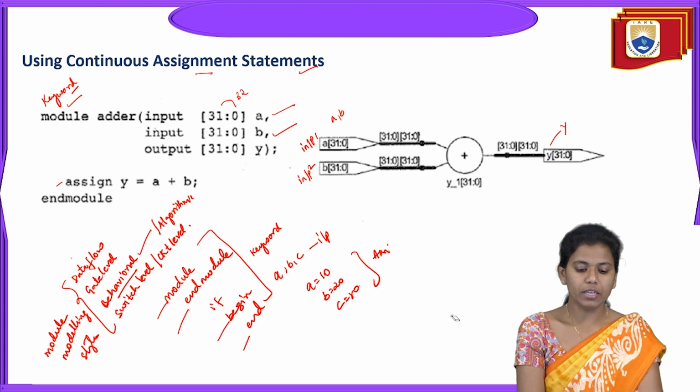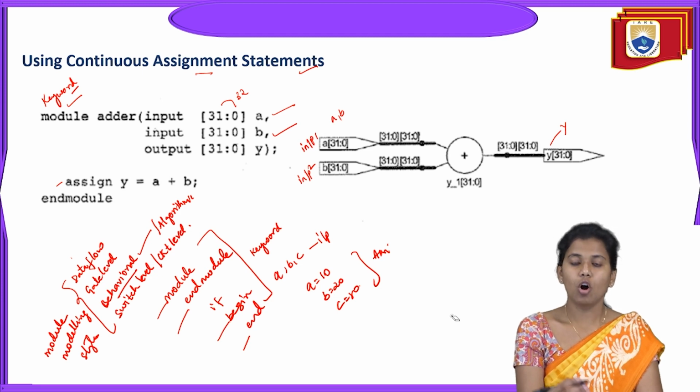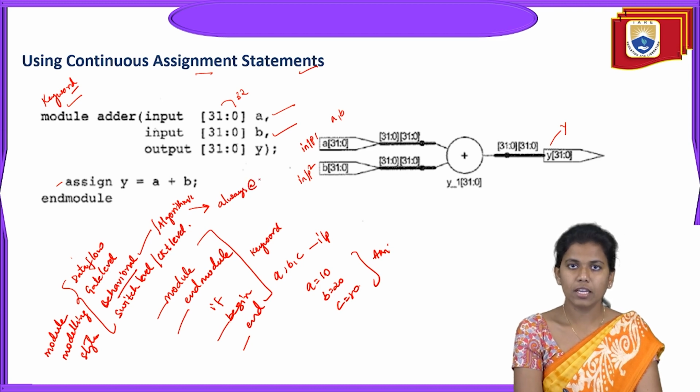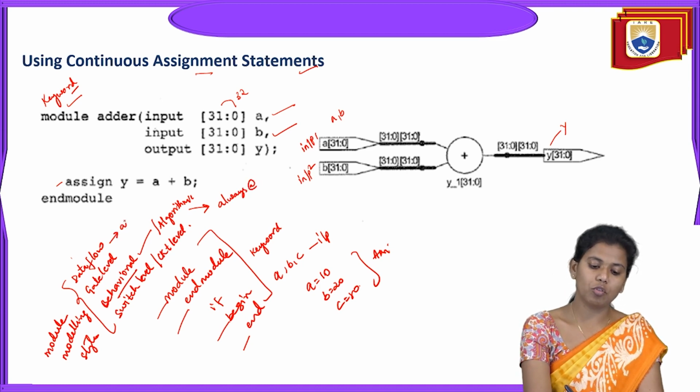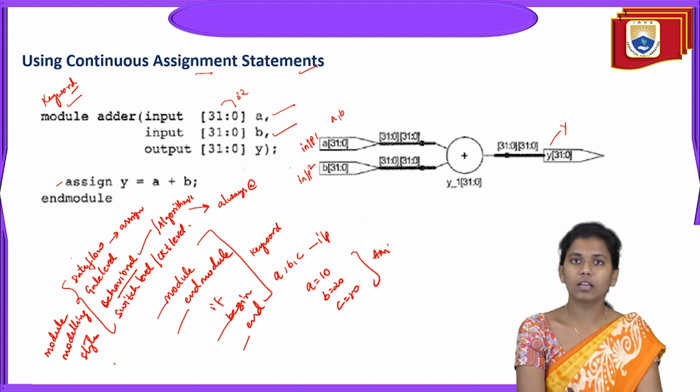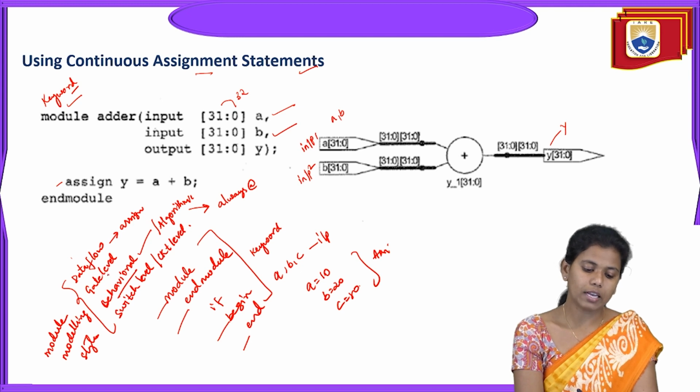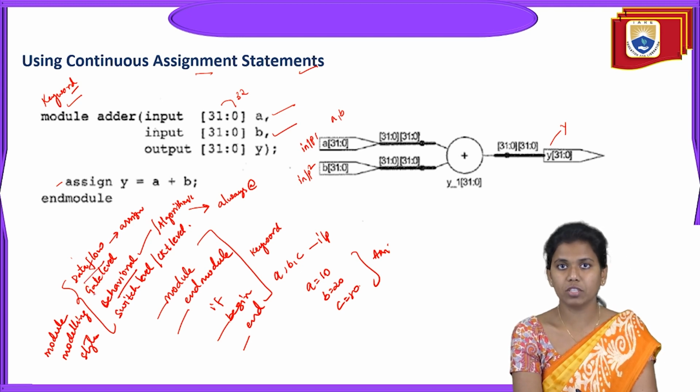In behavioral modeling, the keyword we use is always at the rate, and in data flow modeling, assign is the keyword. So in this continuous assignment statement, we are going as per the gate level or else the data flow.